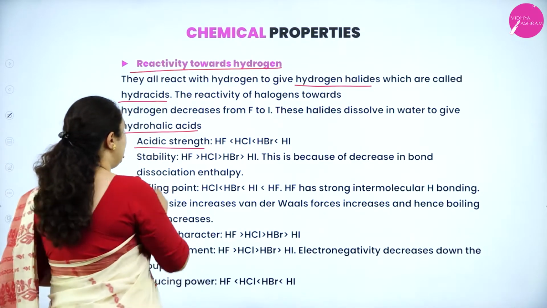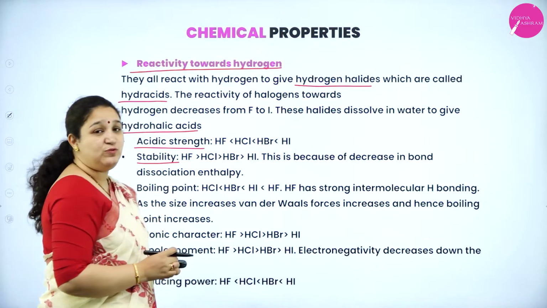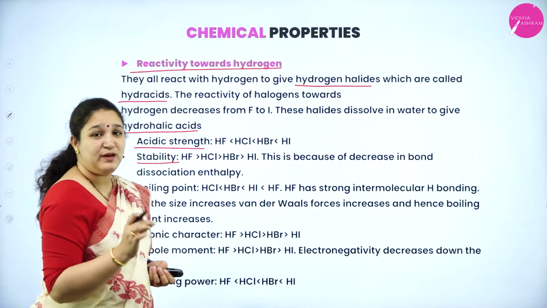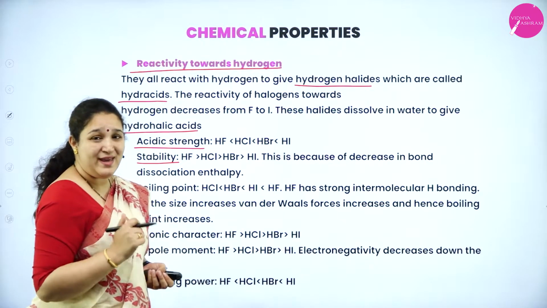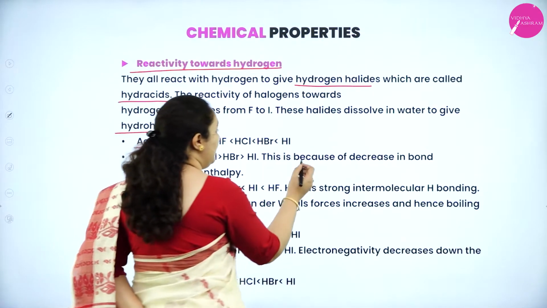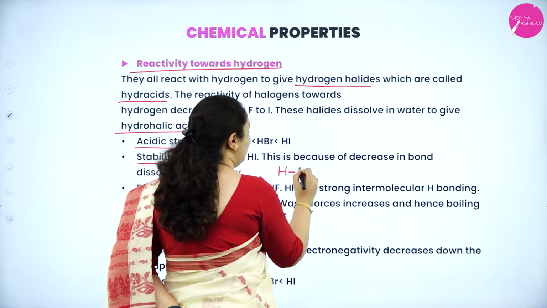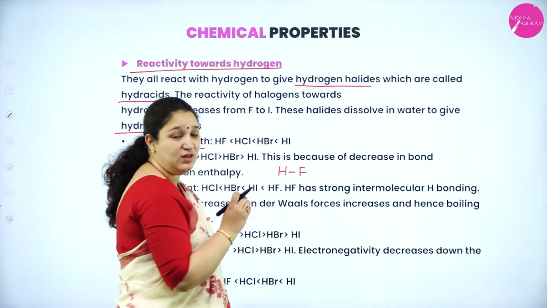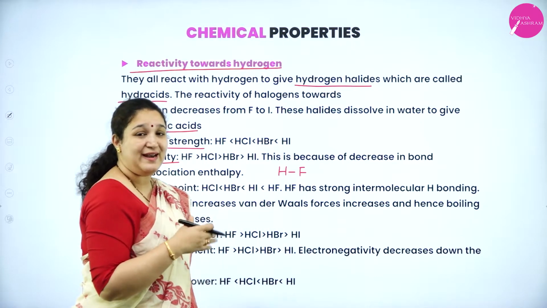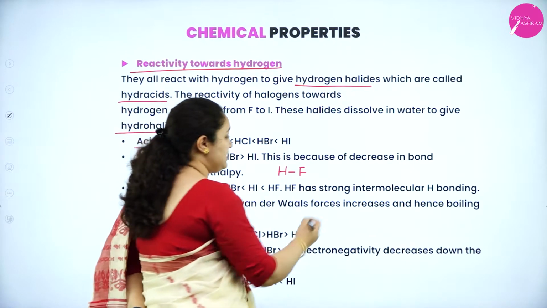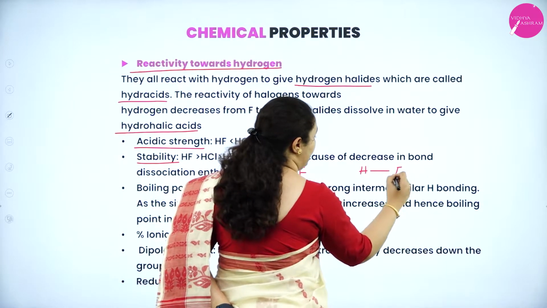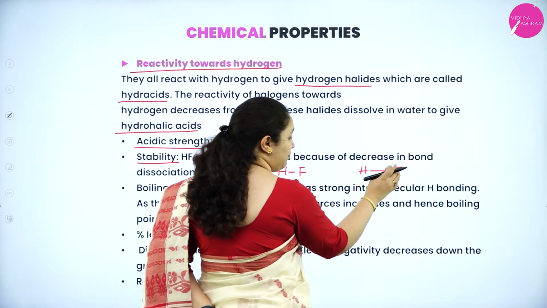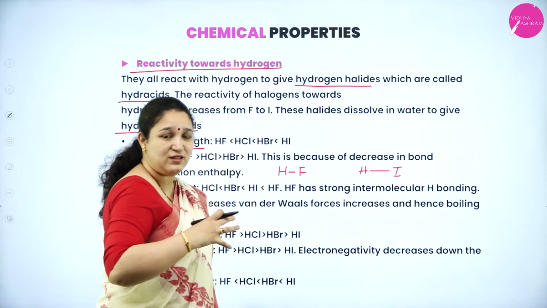Next is their stability. Hydrogen fluoride is more stable compared to hydrogen iodide. Why exactly? That is because of their bond length. In hydrogen fluoride, the bond length is smaller, so it is difficult to break and hence it is more stable. Whereas in hydrogen iodide, the bond length is bigger because iodine is a bigger atom, isn't it?